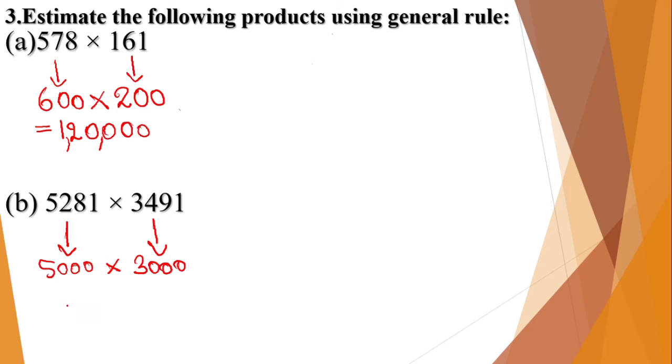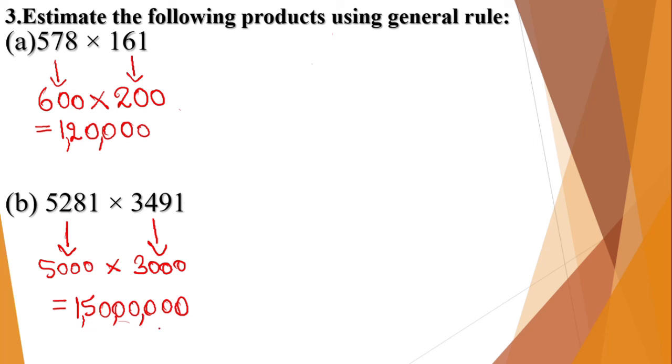Now we should multiply them. Now it's very easy to multiply them, right? Here we can ignore these 6 zeros and only multiply 5 by 3. So 5 into 3 is 15. And we can add the 6 zeros. So 1, 2, 3, 4, 5 and 6. So we added the 6 zeros.